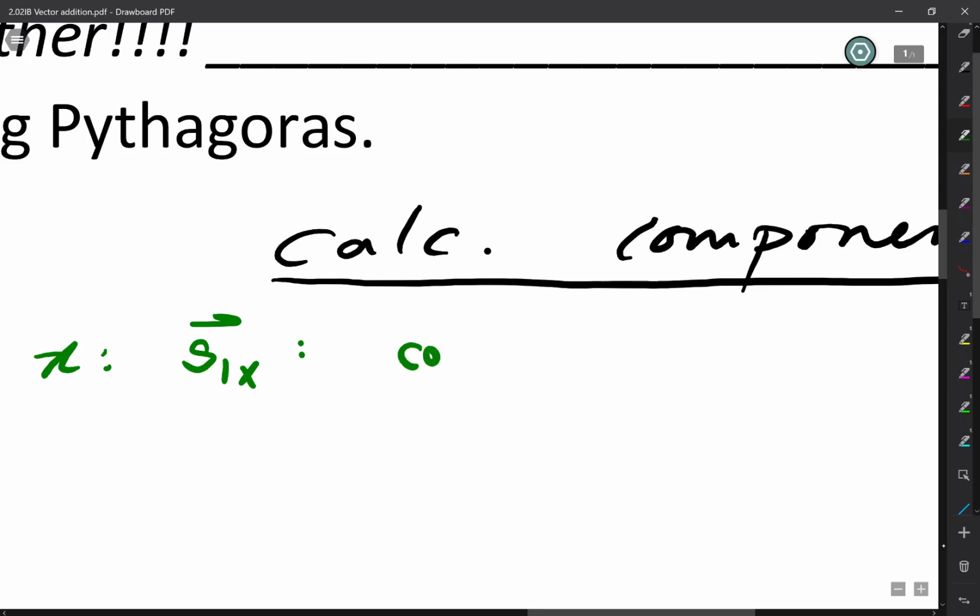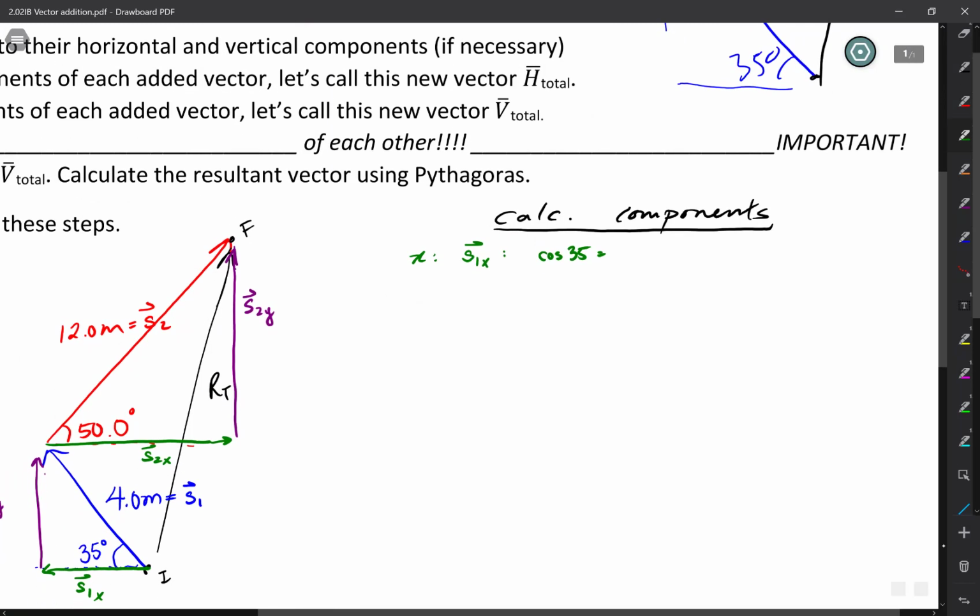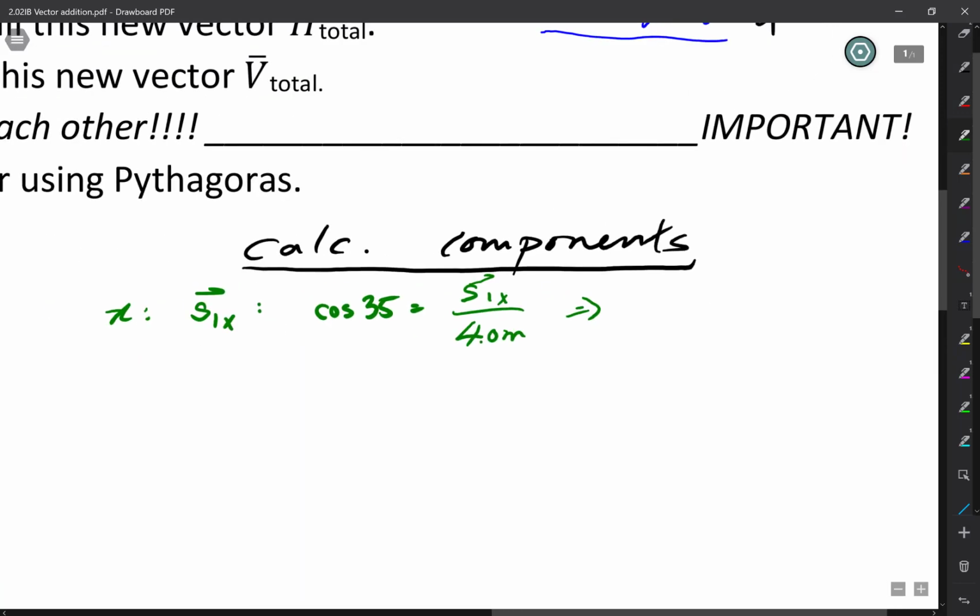So cosine 35 is equal to my adjacent, which is my S1X, over my hypotenuse, which is 4 meters. If I solve for S1X, multiplying both sides by the 4 meters, I get 4 meters times cosine of 35.